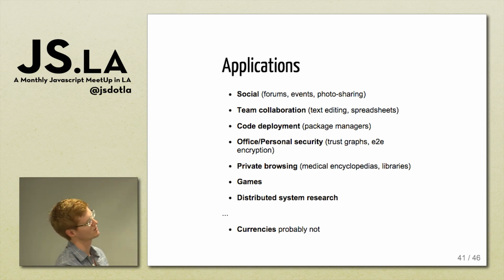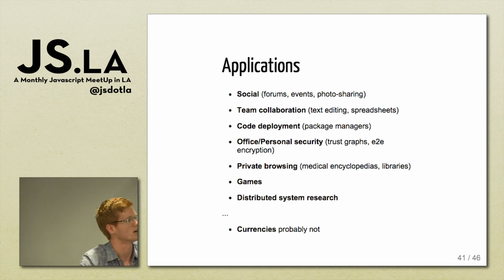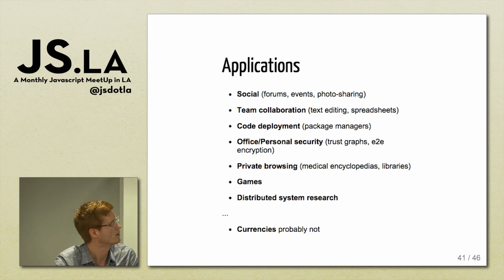The list here is meant to point towards the multiple possibilities, but what is really interesting to me is code deployment, since you have every message signed, and we use content hashes fairly consistently. One of the interesting things you could do is publish code on this system and then have other people sign off on the code and verify that it is not malicious and that it does what you expect it to do.